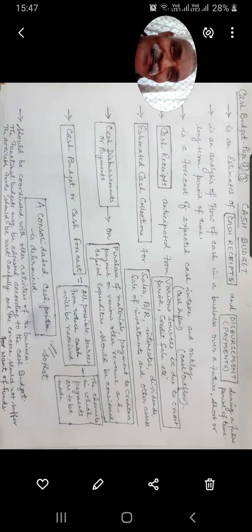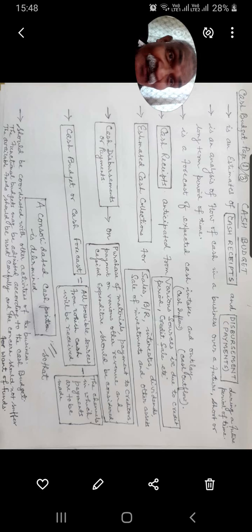So you disburse cash for what? Other resources also. Maybe you purchase plant and machinery. Is that clear? Maybe you disburse, you pay wages, salary, factory overheads, direct expenses.